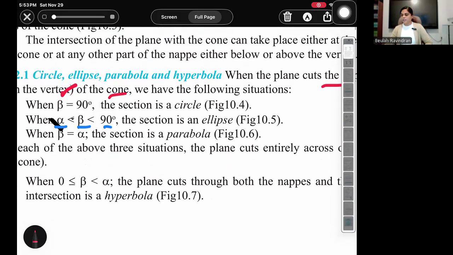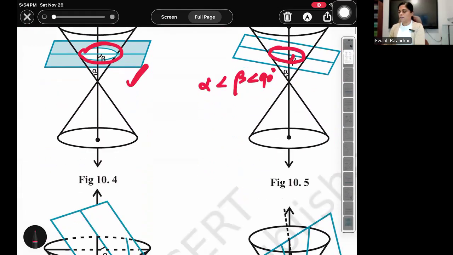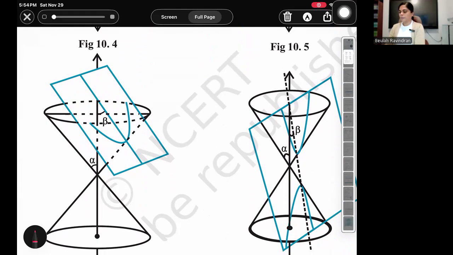What is the third condition? Beta is equal to alpha, then that is a parabola. If beta lies between 0 and alpha, it should not be negative, the minimum value of the beta angle is 0. So if it lies between 0 and alpha, then that is a hyperbola. For the parabolic condition, alpha and beta should be the same, alternate angles, right?